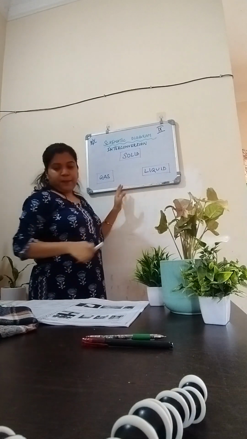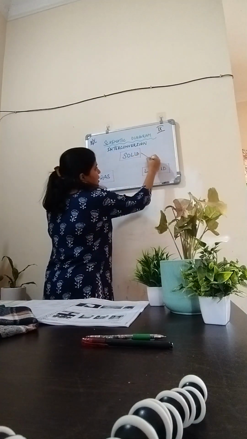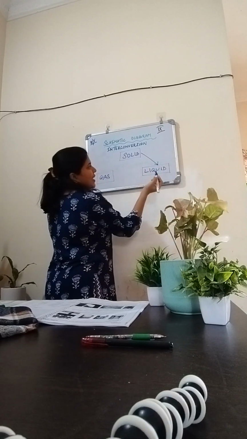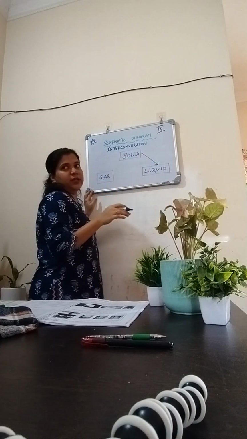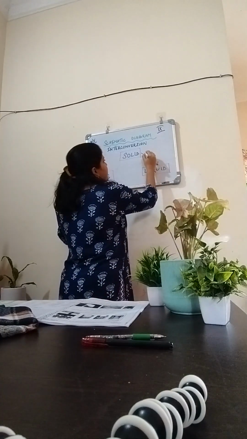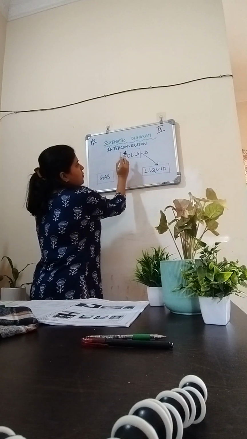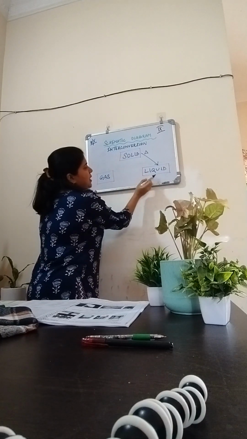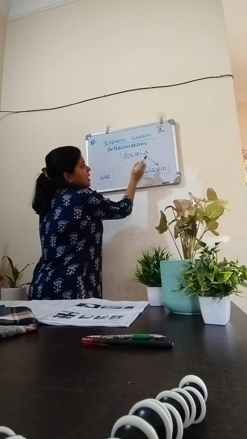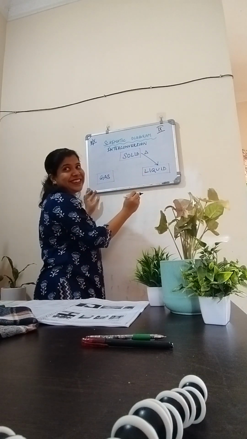Okay. So first tell me what happens when solid changes to liquid. Do I apply heat or do I cool it? We apply heat. That means the process of change of solid state to liquid state on application of heat is known as melting.